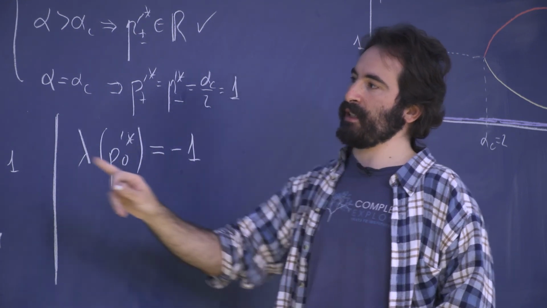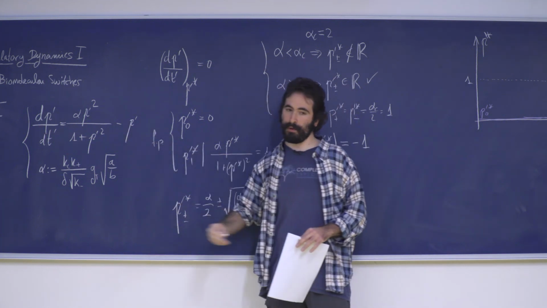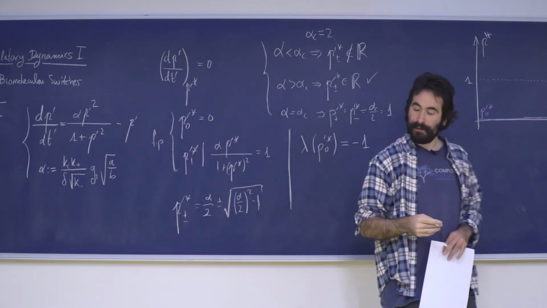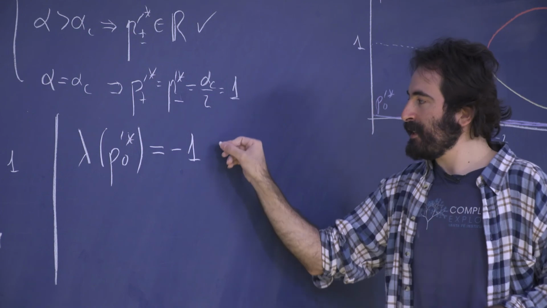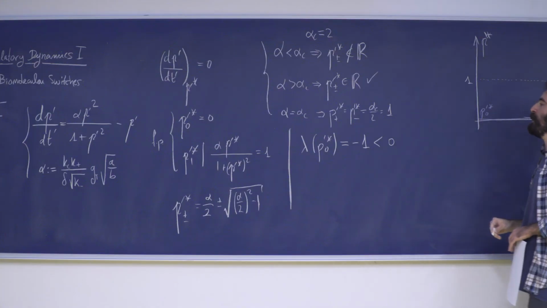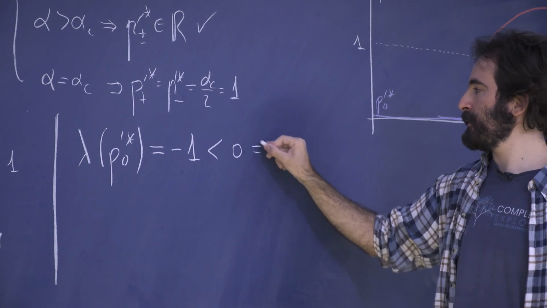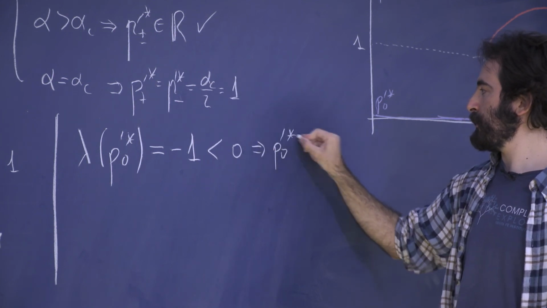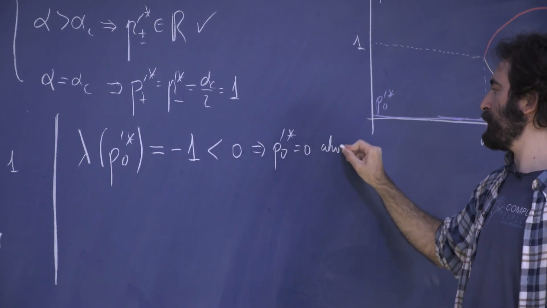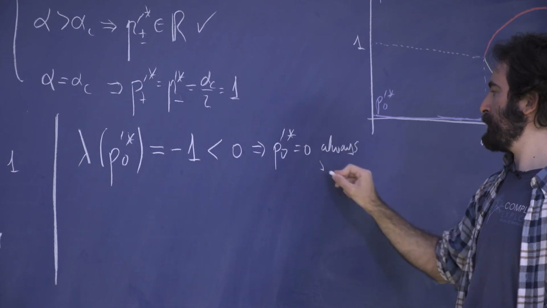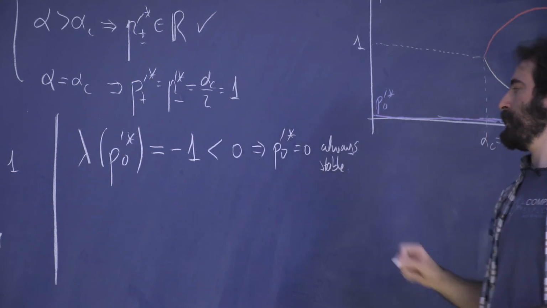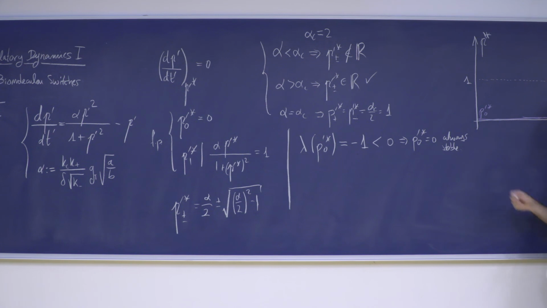This minus 1 is stemming from this part here, that if you remember comes from the decay rate, right? And this is always less than 0. Therefore, the trivial fixed point, it's always stable. Great. The trivial fixed point is always stable.